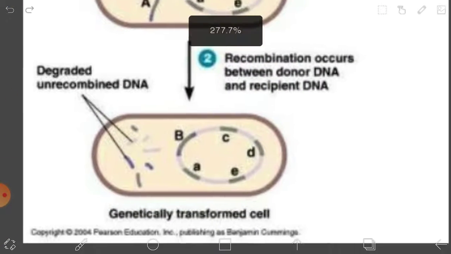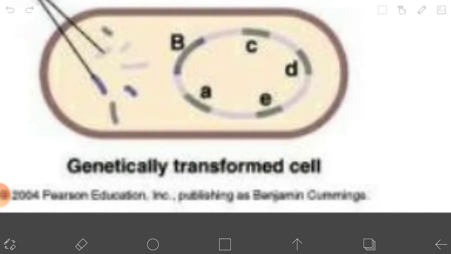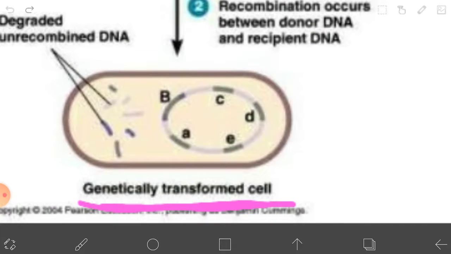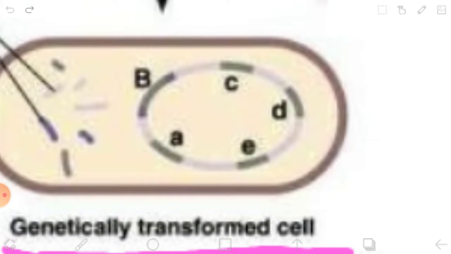Now, as you can see here, the final result is a genetically transformed cell. We say it's genetically transformed because all of the foreign DNA has finally joined in with the original.